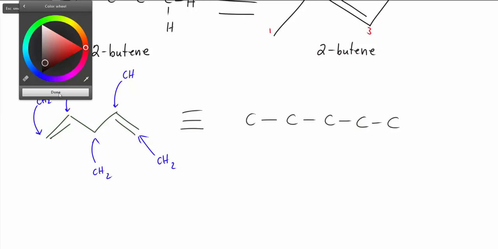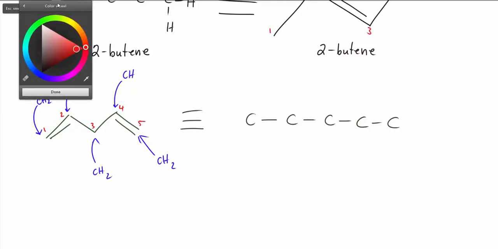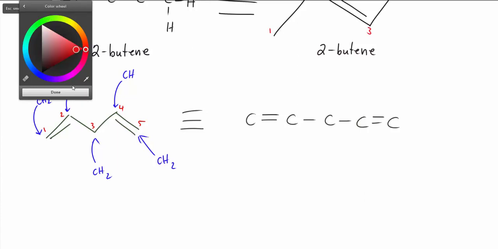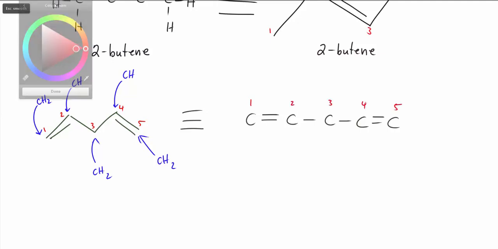Now, I can number these 1, 2, 3, 4, 5, like that. And between 1 and 2, I can have a double bond. Between 4 and 5, I can have a double bond, because this will represent carbon 1, 2, 3, 4, and 5.